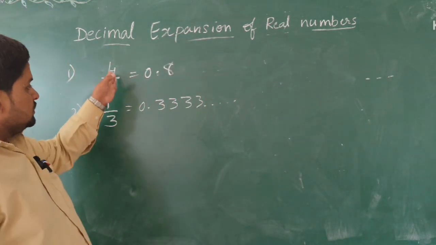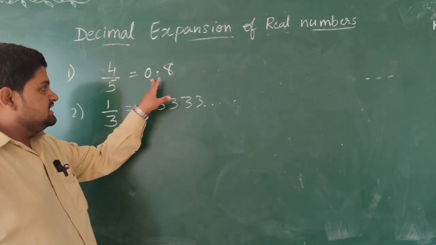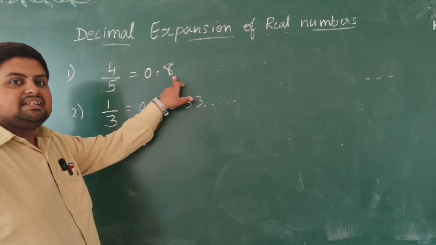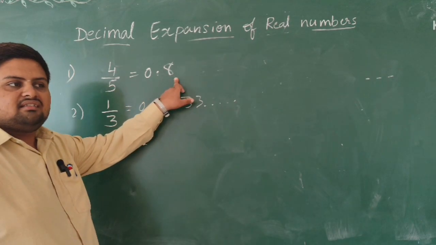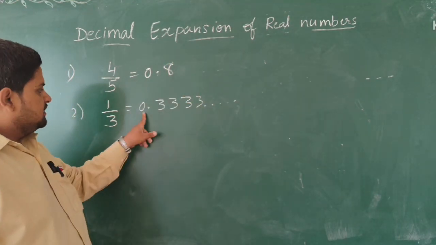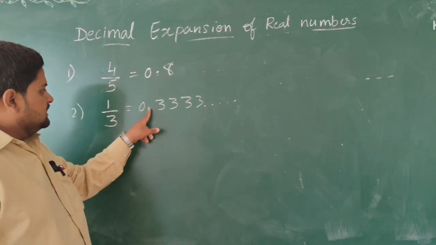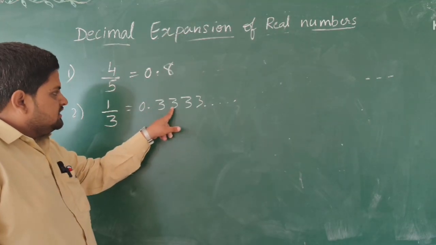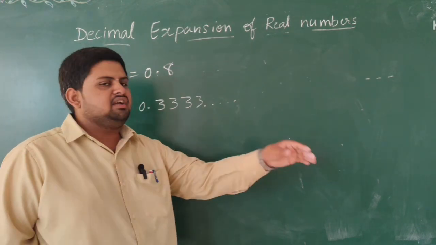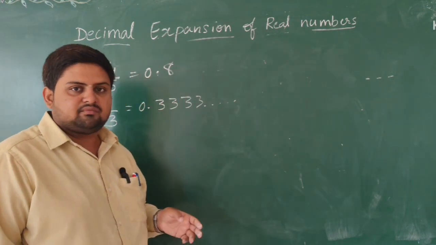Look at this, both are rational numbers, but in this one we can see the digits after the decimal point terminate, in the sense that it stops at some point. Here we can see that the digits after the decimal point never terminate. They just repeat infinitely many times.